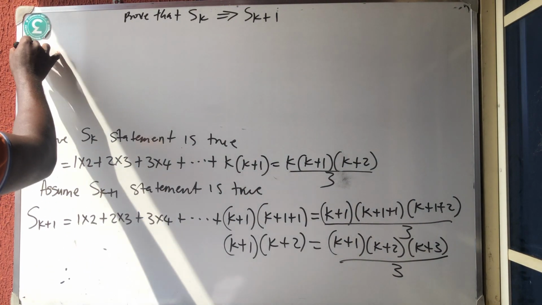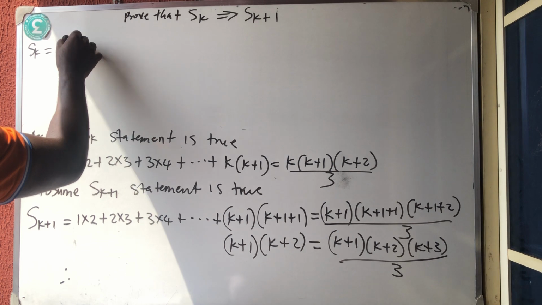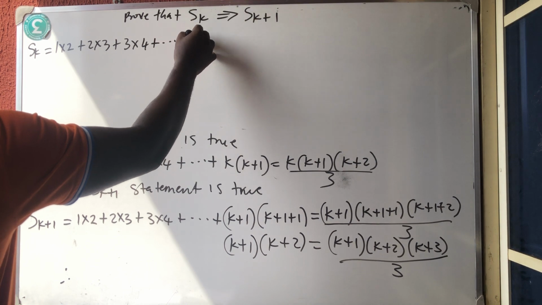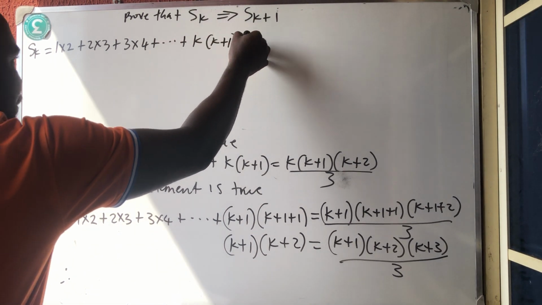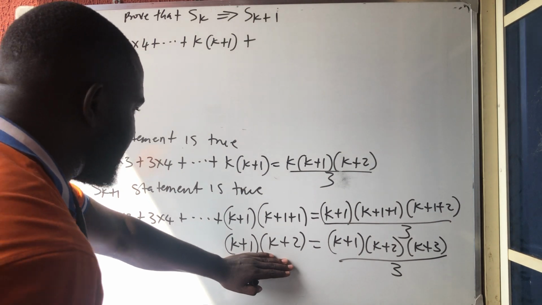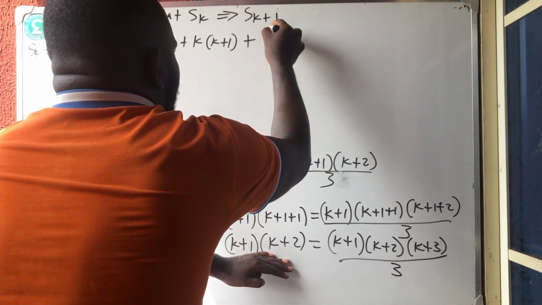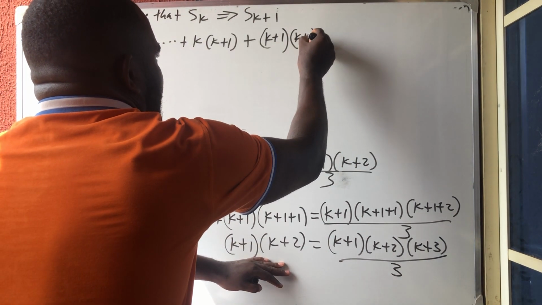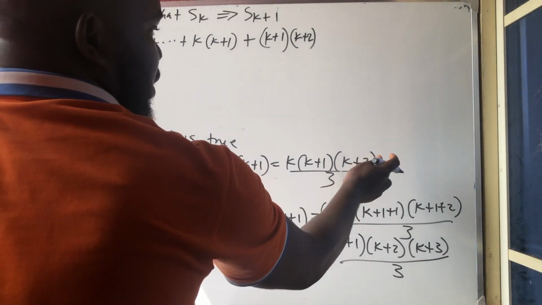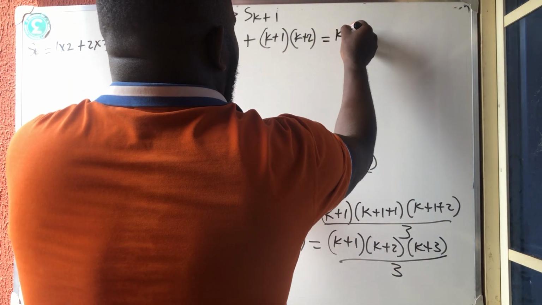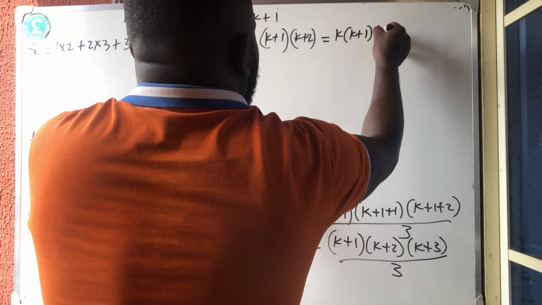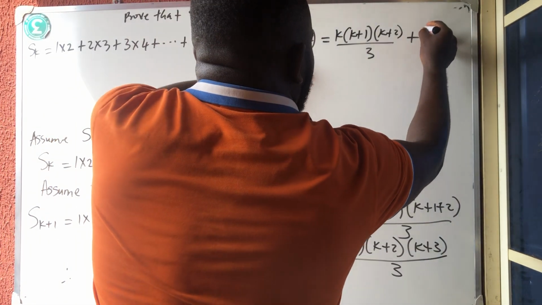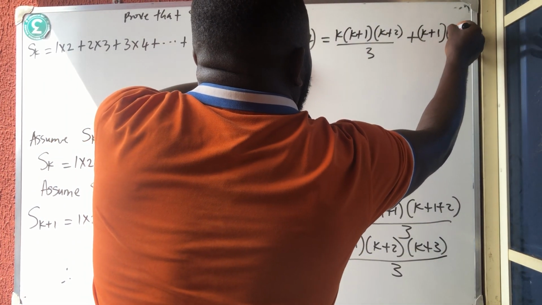So I'm having SK is equal to 1 times 2 plus 2 times 3 plus 3 times 4 plus ... plus K into K plus 1, plus carry the left hand side of SK plus 1, which is K plus 1 into K plus 2, and add it to both sides. So I've added to this side. I need to add to the other side. Is equal to K bracket K plus 1 bracket K plus 2 all over 3 plus, I'm adding the same thing again, K plus 1 and K plus 2.